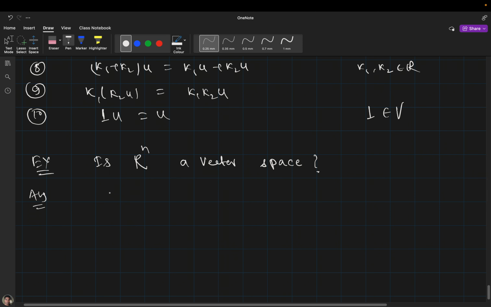You have the set such that it has n number of elements, all real numbers. And here u is not fixed. All entries are any kind of real numbers, and there should be n of them. So that is called n-dimensional real space. Now the question is, is n-dimensional real space a vector space?